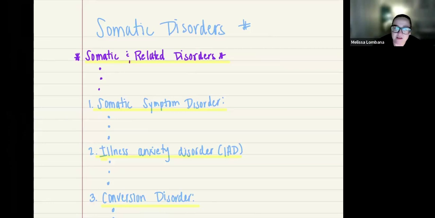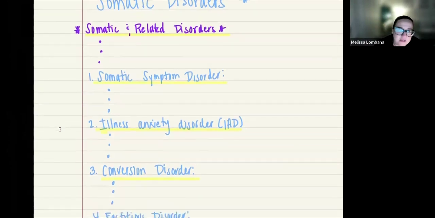Now it presents itself as a psychological problem, but it manifests in the physical, okay? Now, the first somatic disorder you need to know is what's called somatic symptom disorder, okay? And this is an extreme anxiety about an actual physical symptom that is interpreted as an illness.